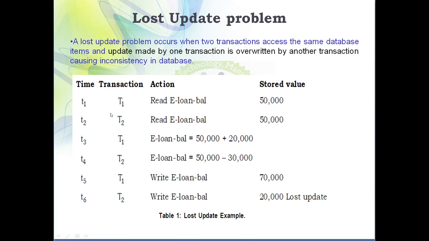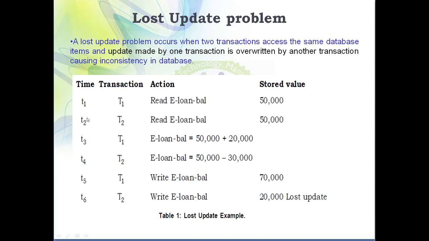Here there are two transactions, T1 and T2, and these are the timestamps. A timestamp represents the particular time at which a transaction performs its execution. At time T1, transaction T1 reads the value of E-loan. The initial value is 50,000.